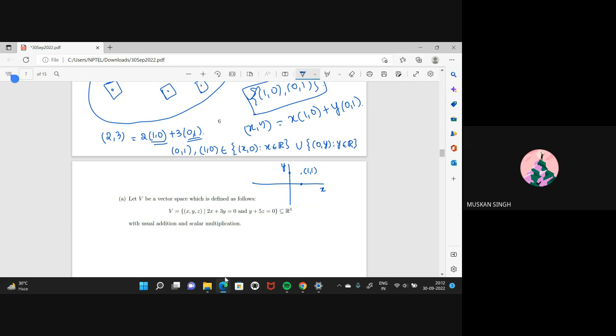But their sum is 1, 1, and 1, 1 neither lies on the x-axis nor on the y-axis. But the intersection 0, 0 will lie. So the union may or may not be a subspace, but the intersection will always be a subspace.